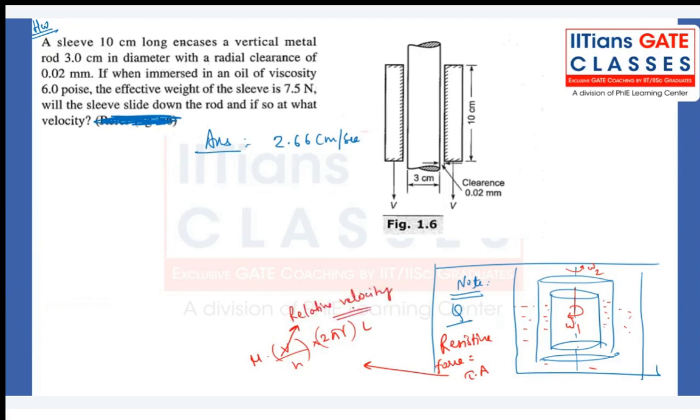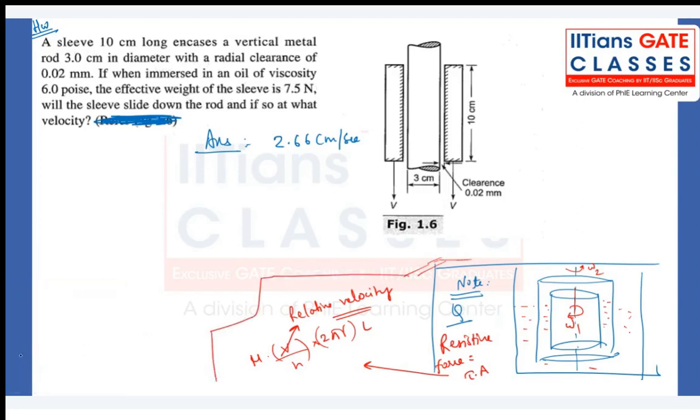But the moment we have seen that the outer cylinder is fixed, so we are writing only the one V. But when both the cylinders are rotating, the relative velocities will be added. When they will be rotating in the same sense, they will be subtracted, right? So this is some typical mechanical engineering problem. For aerospace, you can just neglect that as not that important a case.